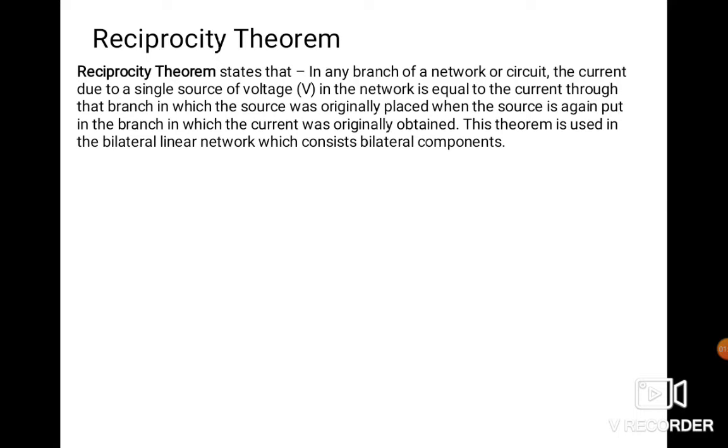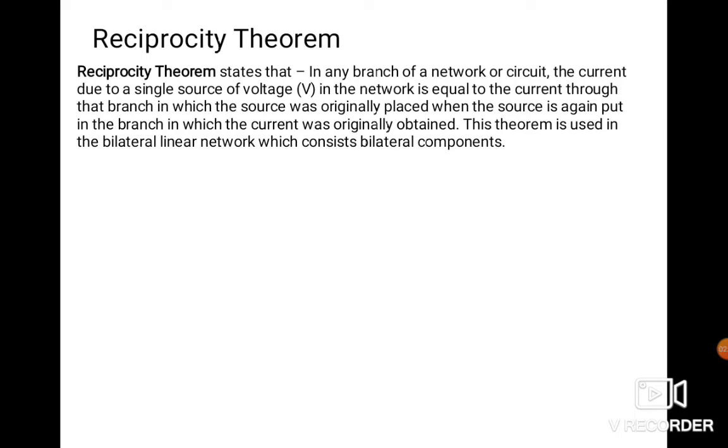Meaning, without changing the phenomenon of the circuit, we interchange the sources of excitation. You can put the source at the left side of the network or at the right side of the network, in the reverse direction, without changing any component.